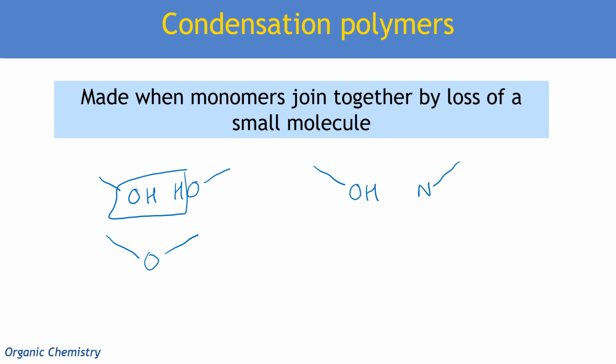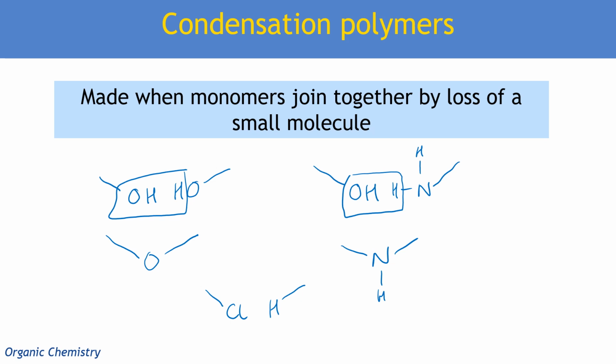So if we have an amine, same idea, we're going to lose the H and the OH, and then we're going to join together through the nitrogen, which is going to have a hydrogen on it because it's got an extra bond. Or we could lose HCl and then join together the atoms that had the Cl and the H attached.